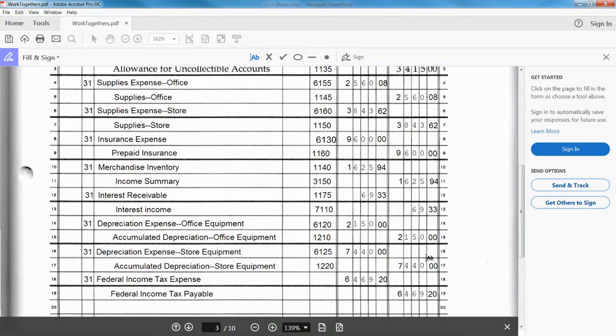And then we need to post those to the ledger.